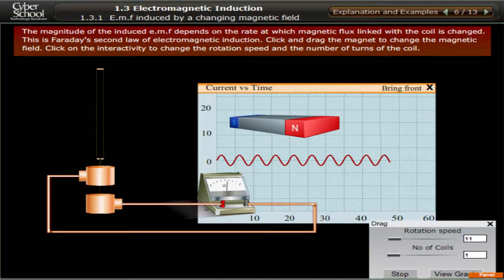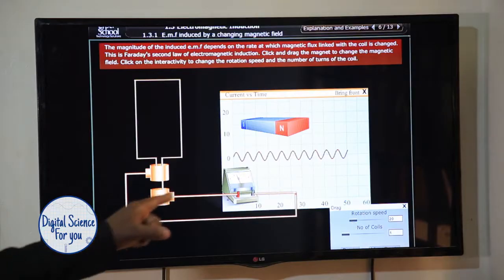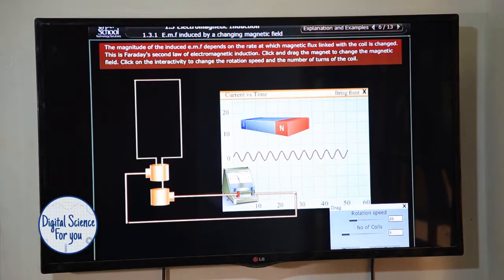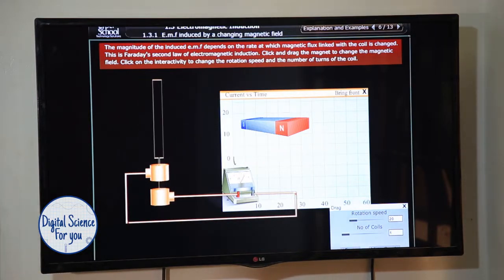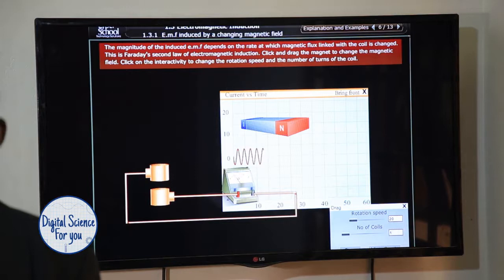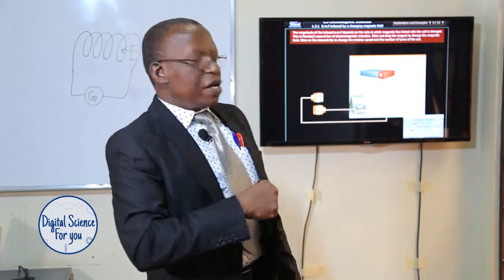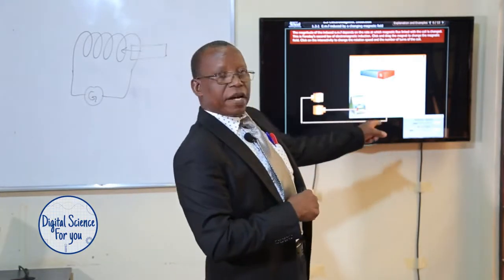When we click rotate again, we shall generate another wave which shows that the amount of EMF generated is much more compared to the previous one when it was at 11.